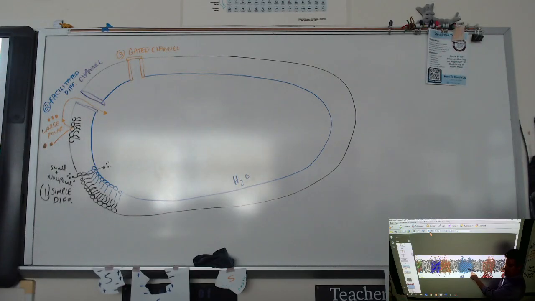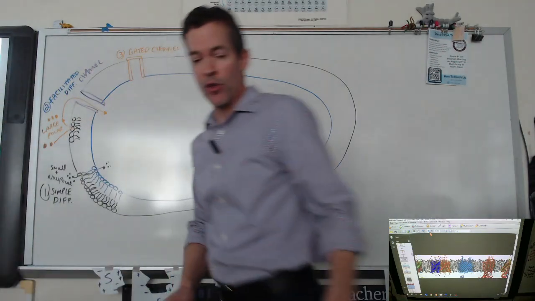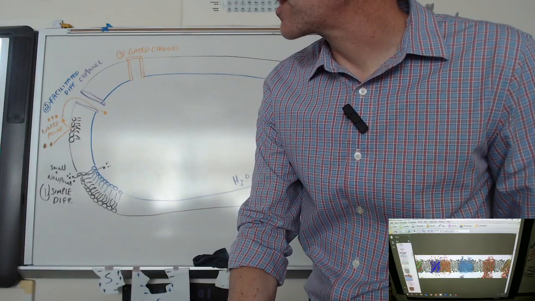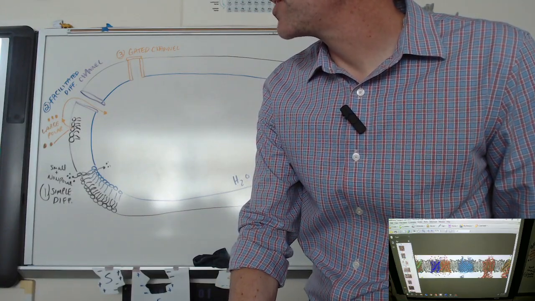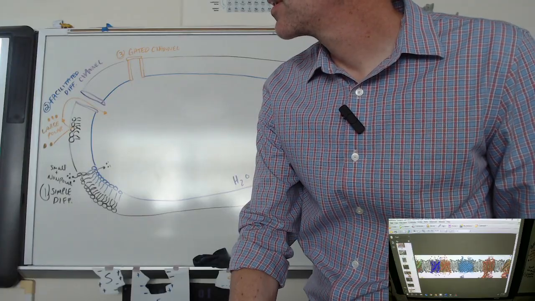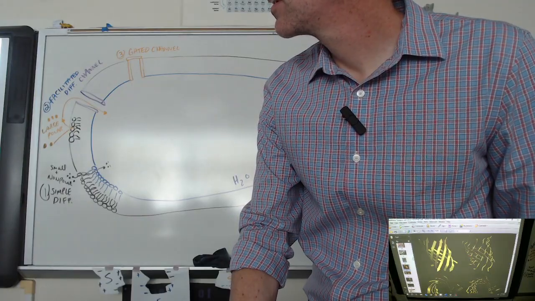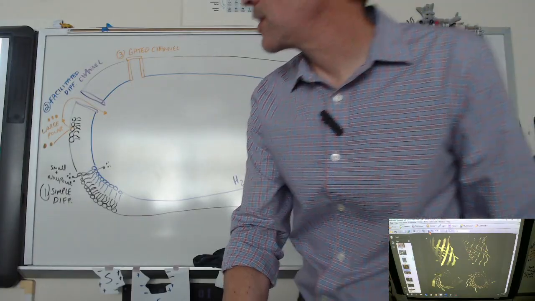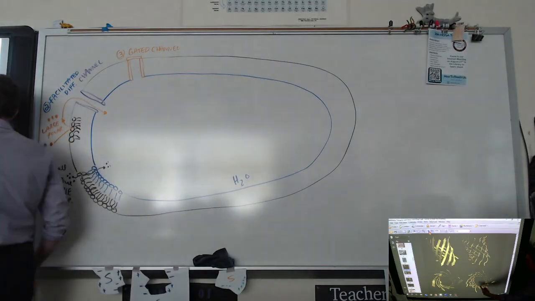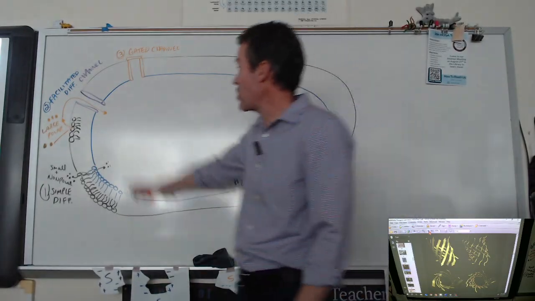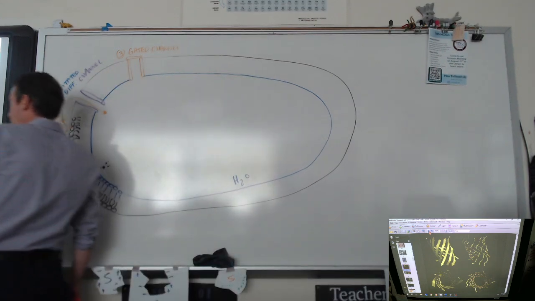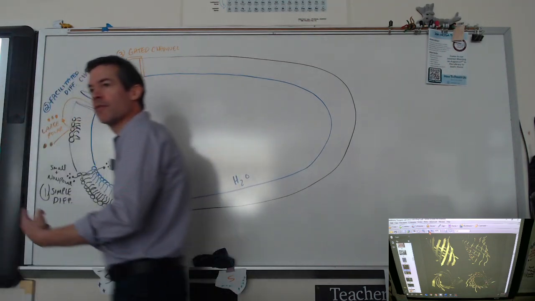This is what they call a beta barrel, because it's made out of beta pleated sheets. If you look at it from the side, it looks like that. But if you look at it from the top, it looks like that. You're looking down the barrel. You're looking down a beta barrel. And so that's a channel, and something can go through there.